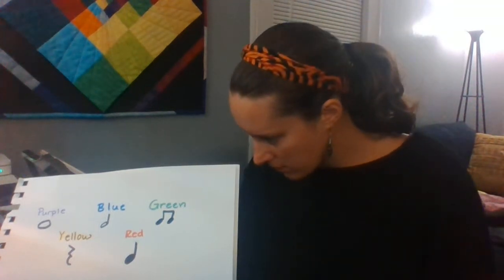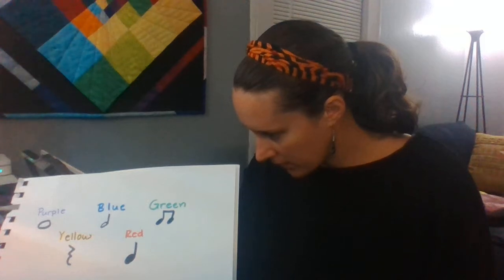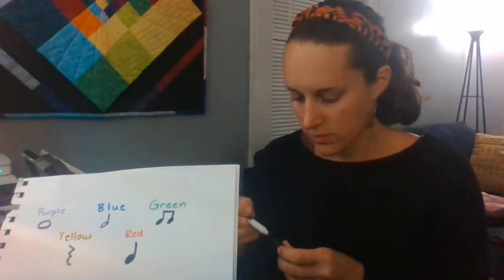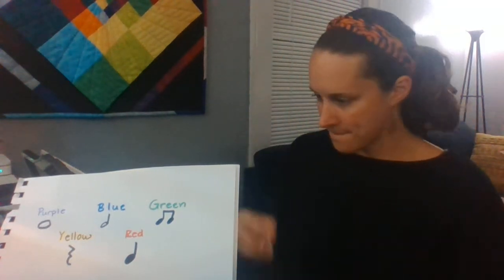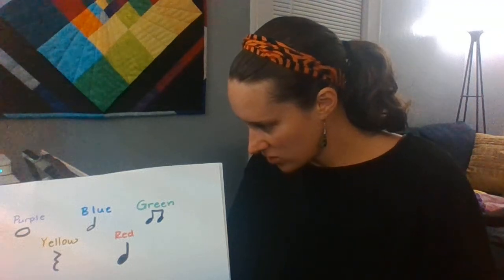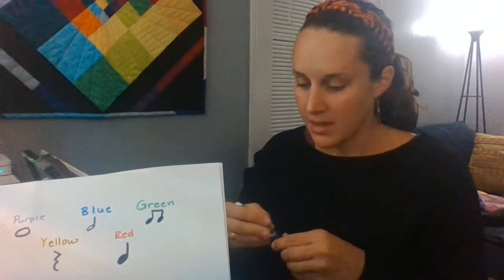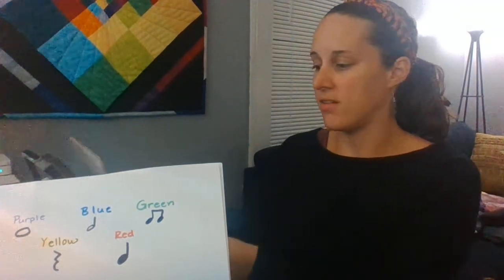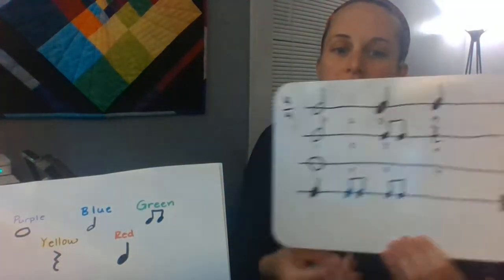So, looking good. Got 2 more to go. 8th notes again, green. You can see. Okay. 1, 2, boom. And then our last one has to be worth 1 beat.